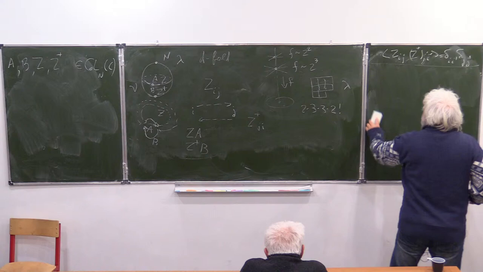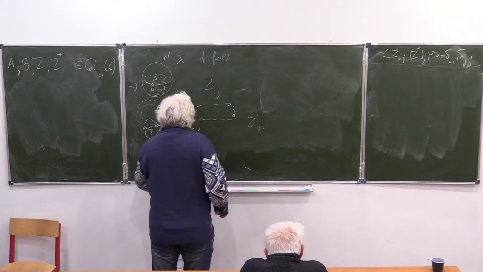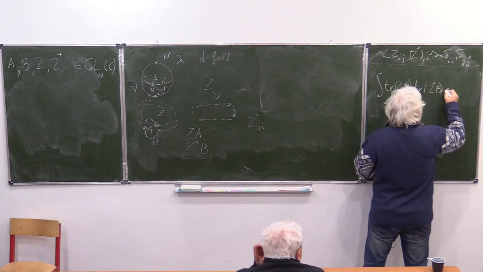Now what we have, now consider the integral of trace z A times trace z prime z dagger B with this measure. This measure I will denote by mu.